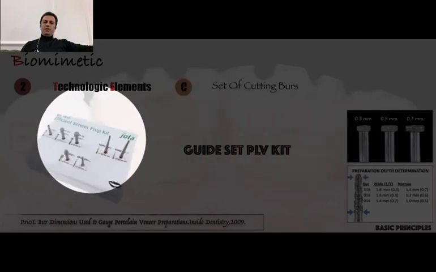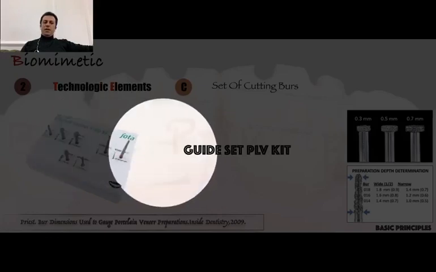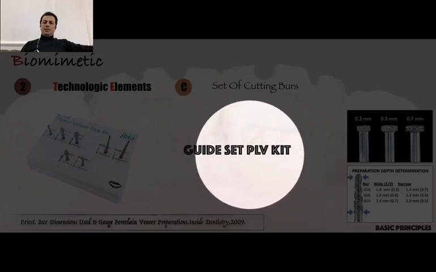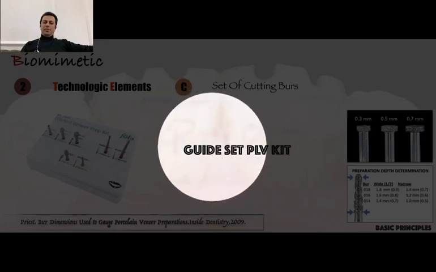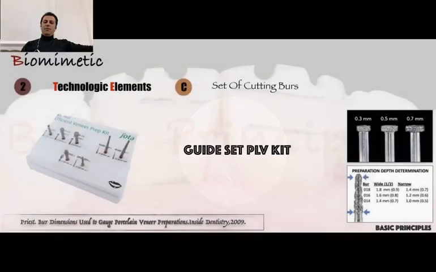This is what I am using, the Jota efficient veneer prep kit, and recently I have my own bur kit, the guide set kit, porcelain laminate bur. So you also need a set of cutting burs, special cutting burs, and you should know their diameter.